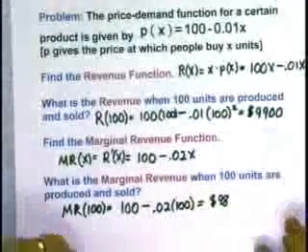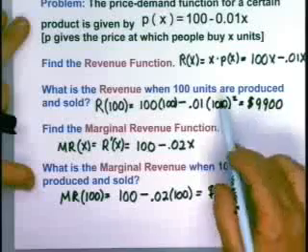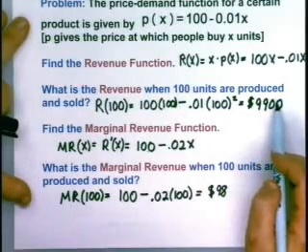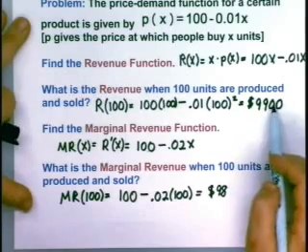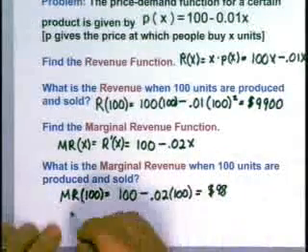So if we interpret this, what this means is that at a production level of 100, the actual revenue is $9,900, but that revenue is increasing at a rate of $98.